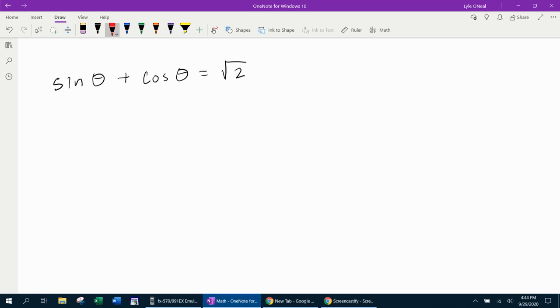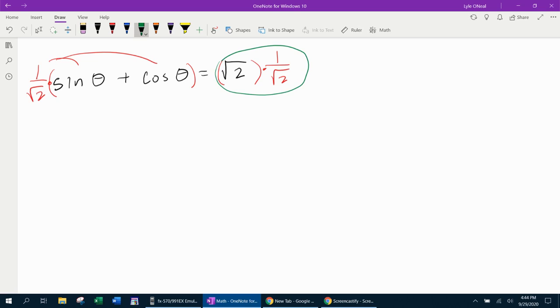Remember that I can multiply both sides of an equation by the same value. So what I'm going to do is multiply both sides by 1 over the square root of 2. And then this is going to distribute here, okay? Now it should make sense on the right-hand side, because if I multiply something by its reciprocal, that's going to be 1.